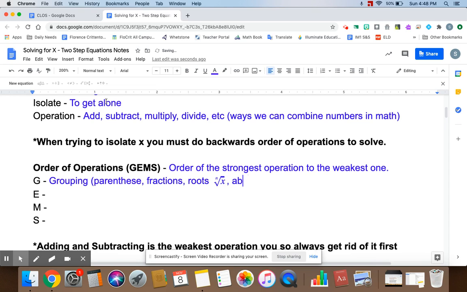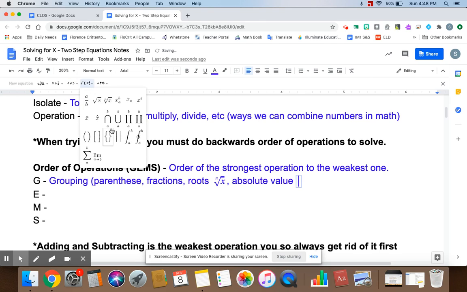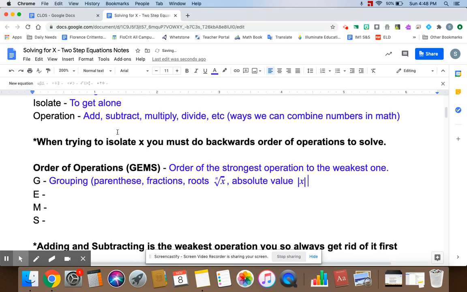Absolute values. Group things together. Absolute value looks like that. And brackets also group things together, which can look like this. Or like this.